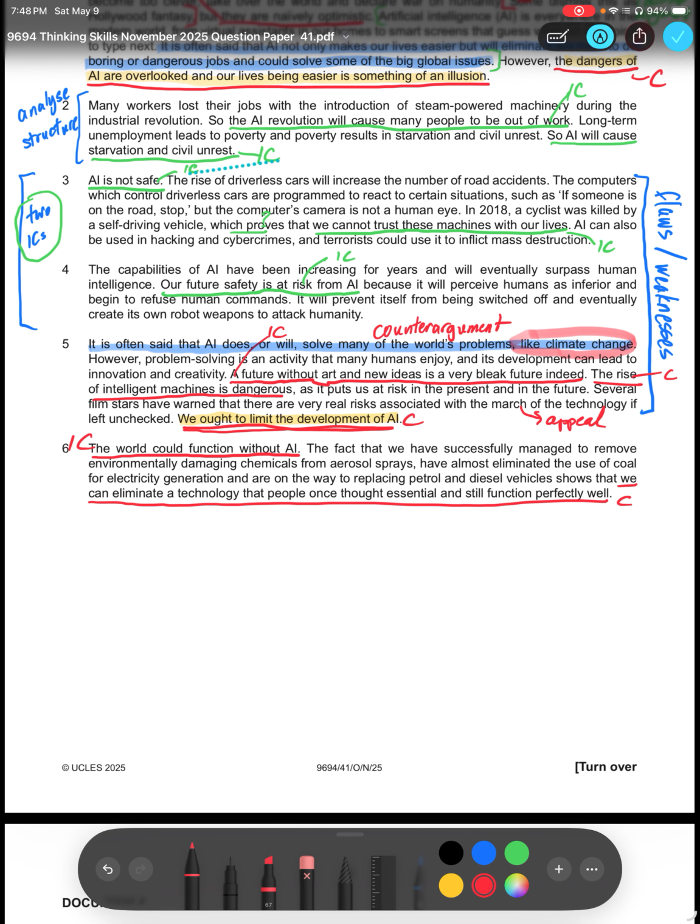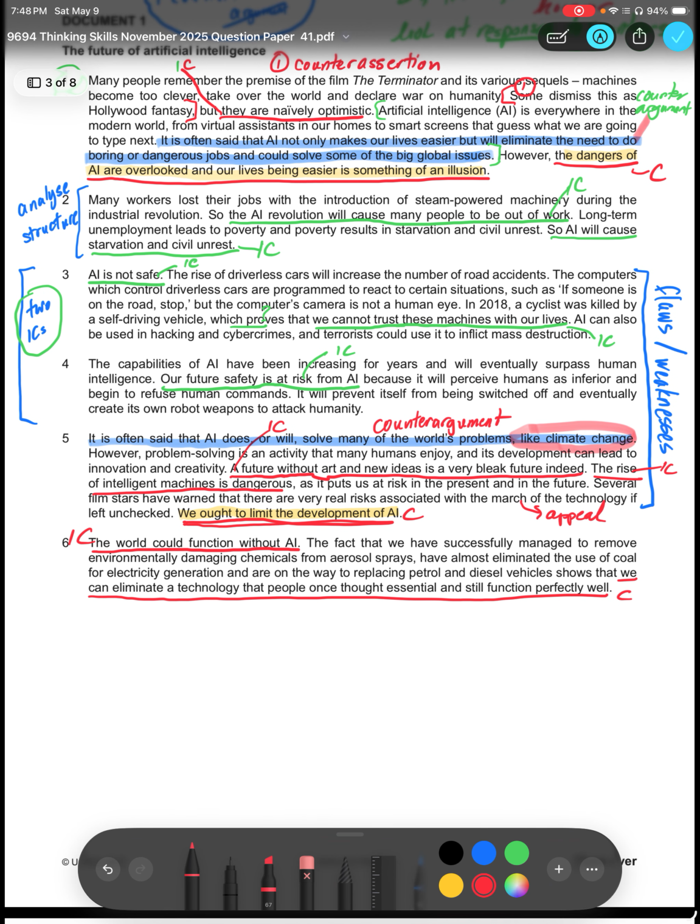That's an intermediate, and so is this one. All right. So we ought to limit the development of AI, or the dangers of AI are overlooked, and our lives being easier is something of an illusion. Well, that's where you say, which makes more sense. We ought to limit development.